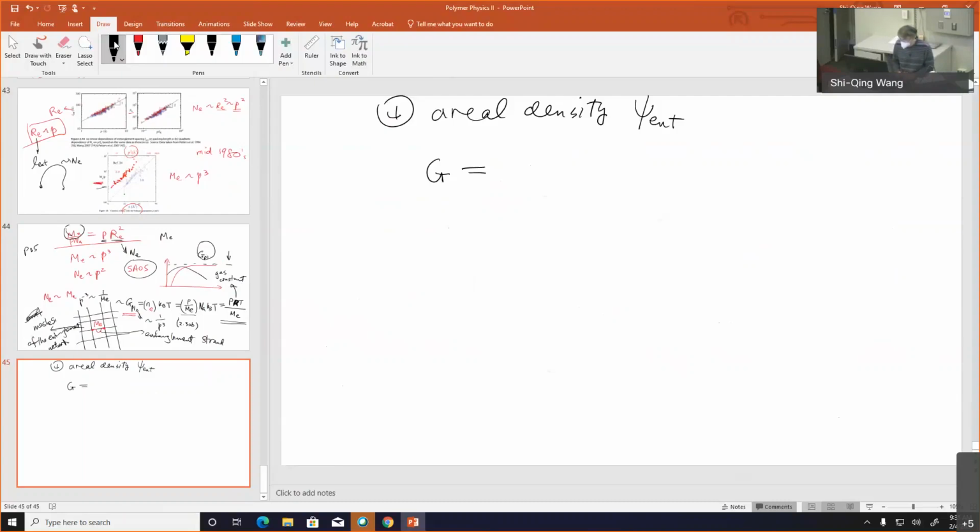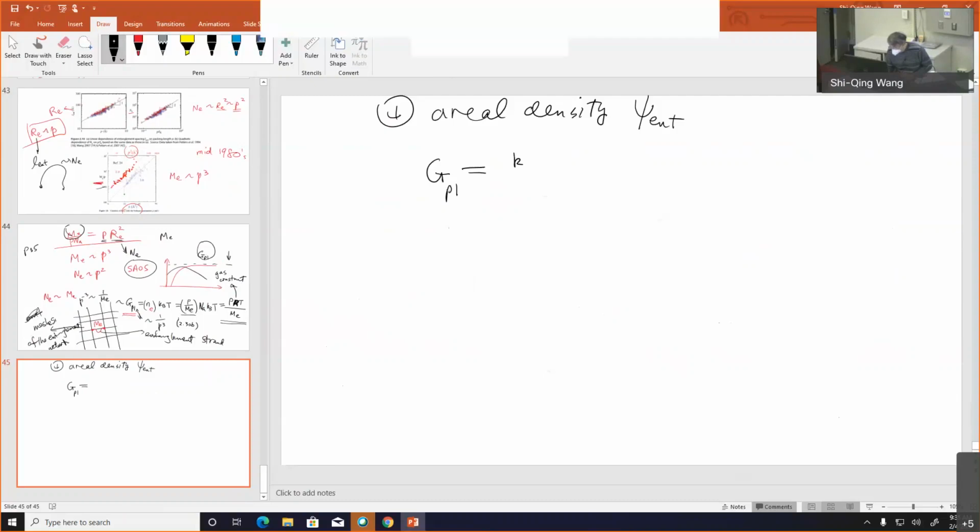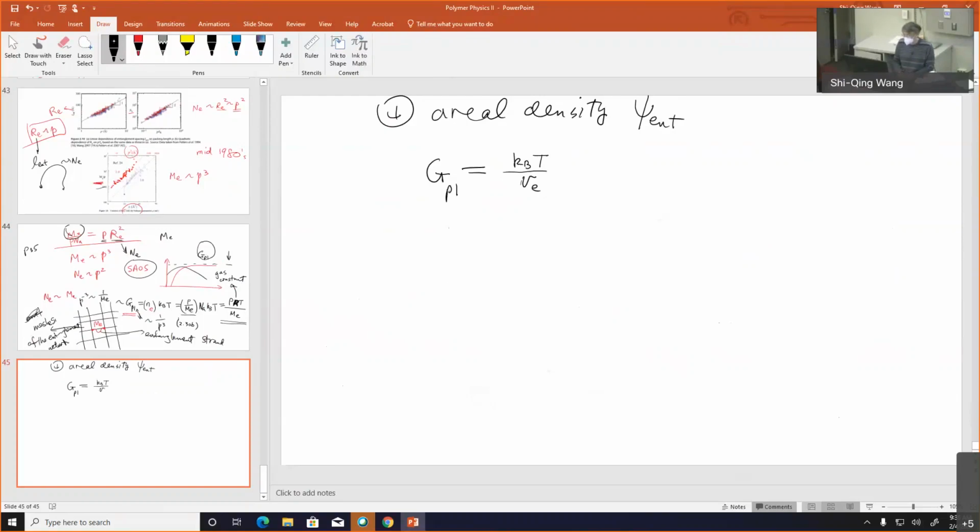G, this plateau modulus, is the number of chains, number of entanglement strands per unit volume. In other words, the number of strands per unit volume is, of course, simply just 1 over the physical volume of an entanglement strand.